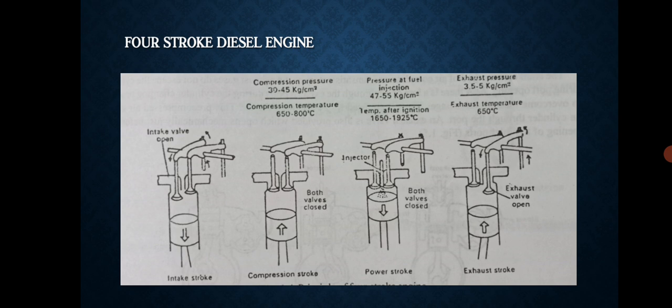When the piston is near the top of its compression stroke, a liquid hydrocarbon fuel such as diesel oil is sprayed into the combustion chamber under high pressure, nearly 140 to 160 kg per centimeter square, higher than that existing in the cylinder itself. This fuel then ignites, being burned with the oxygen of the highly compressed air.